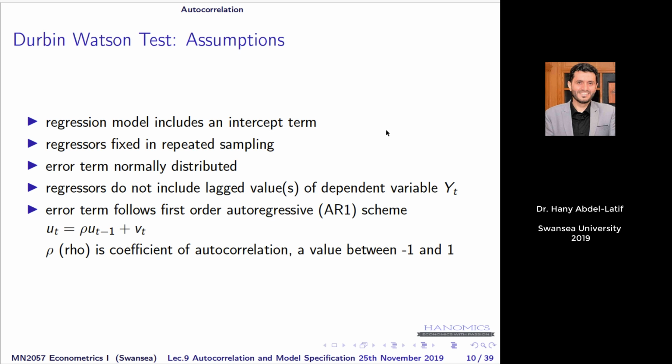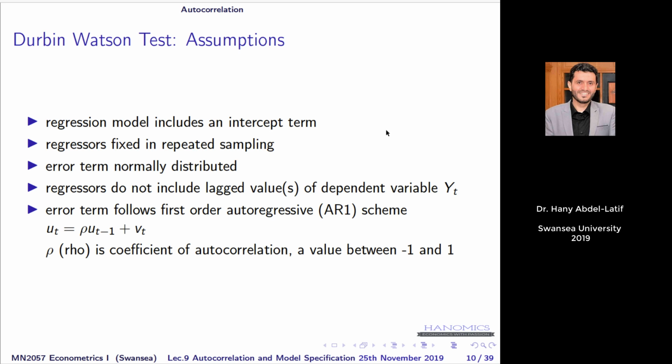It assumes that the regression model includes an intercept term, so you have beta naught. Regressors are fixed in repeated samples. Error term is normally distributed. Regressors do not include lagged values of the dependent variable. So on the right-hand side, you don't have y t minus 1. There should be no y t minus 1 on the right-hand side.